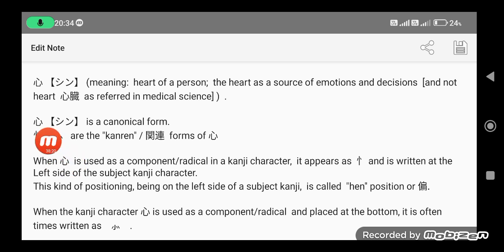So shin, or heart, or kokoro is the canonical form, and it has two kanren forms. The two kanren forms are like this: rishin ben, in hand position, rishin ben, and this kind of kanren or variant form. So the shin can either appear in that kind of form, or in this alternate form. The shin or kokoro has two variant forms, these two.